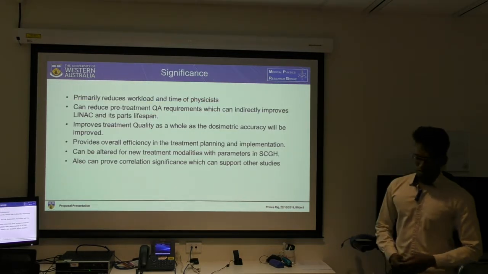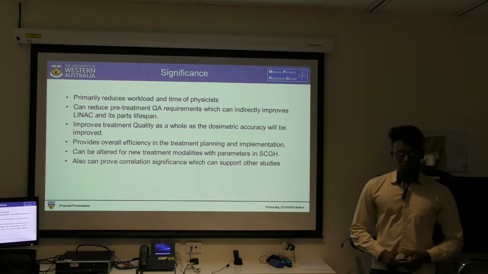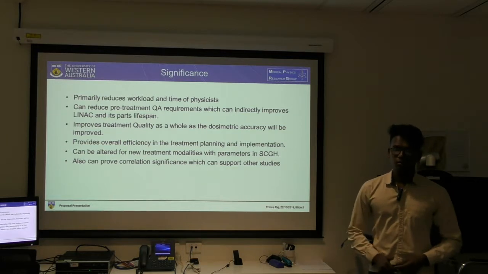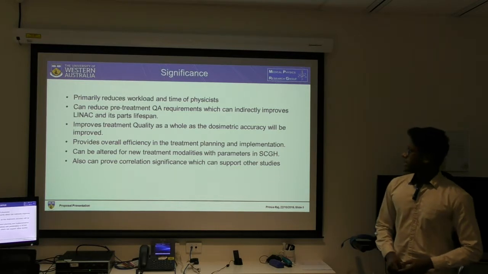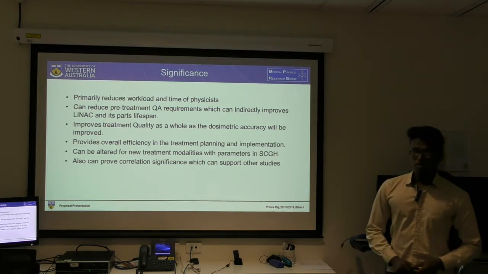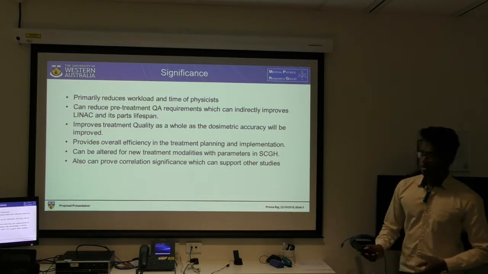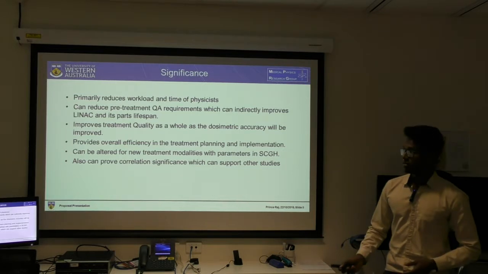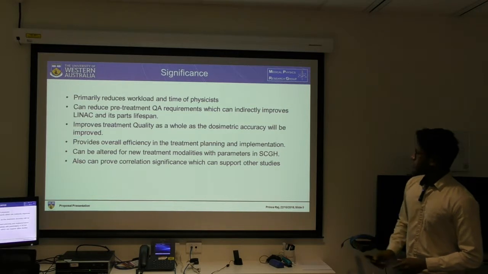So the significance of this project is that if this complexity score is implemented with the treatment plan QA, the pre-treatment QA, it will primarily reduce the workload and time of physics because it reduces the dosimetric verification of all the plans, and it can reduce pre-treatment QA requirements.